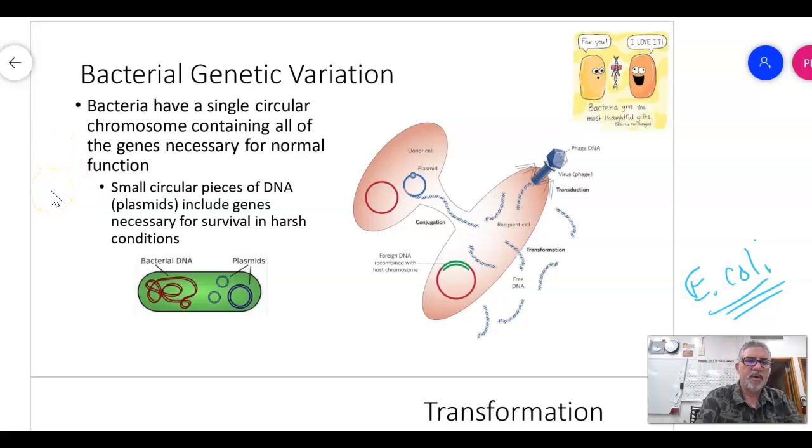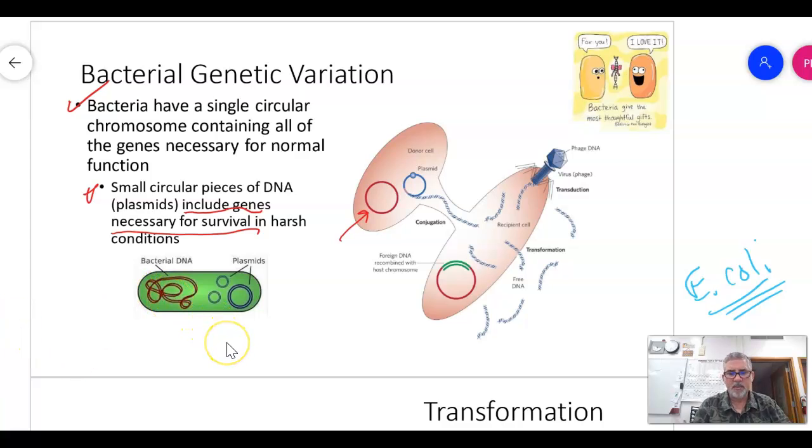So things that we know about bacteria, right? They have a singular chromosome containing all the genes. All these housekeeping genes are in the one circular chromosome they have. But we've said that they also have these small circular pieces called plasmids, and the plasmids include genes necessary for survival.